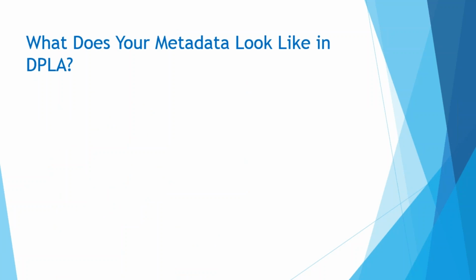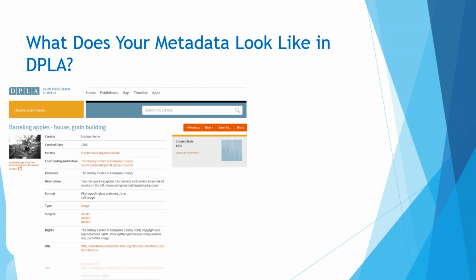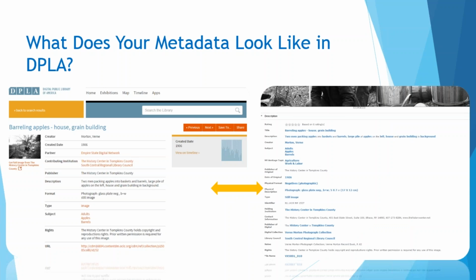So what does your metadata look like in DPLA? This is a snapshot of what the metadata for a digital resource looks like in the DPLA portal, and that's on the left-hand side. And then in the native environment on the right-hand side. You'll notice that not all the metadata fields that are in the native environment are seen in DPLA. Similarly, some of the metadata fields are labeled differently in DPLA.